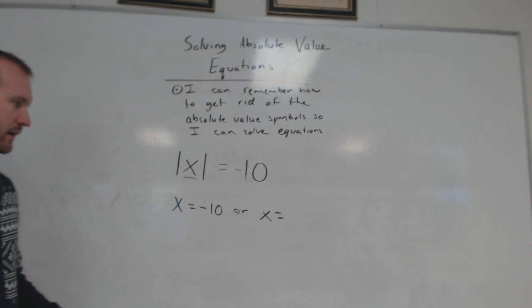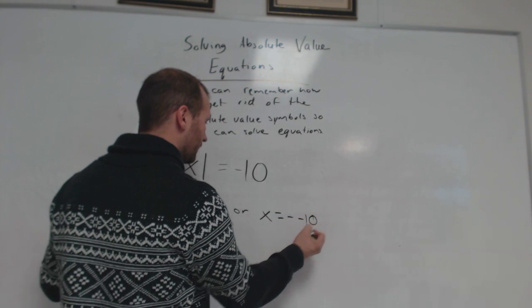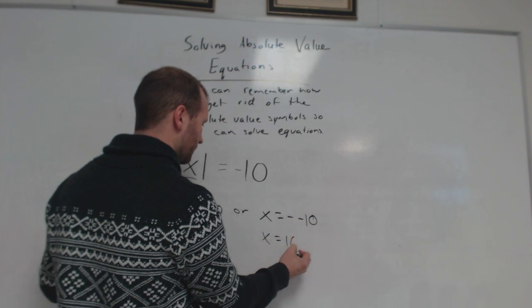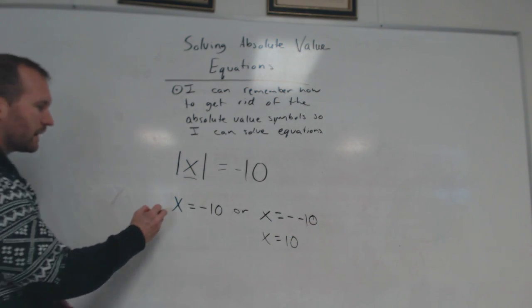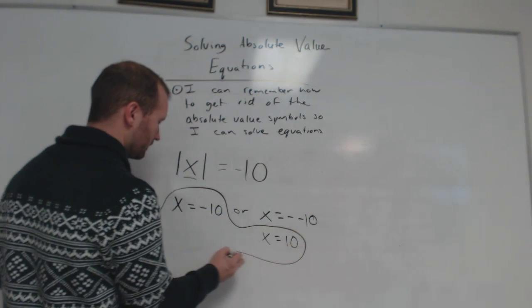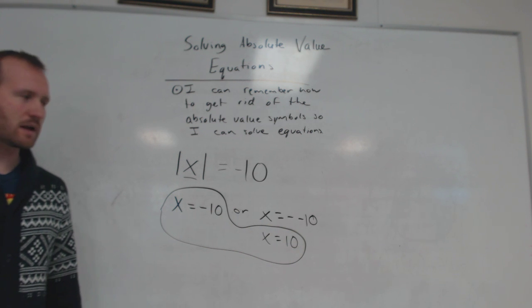What is negative 10? Negative 10, that's just positive 10. So x is negative 10 or x is 10? Oh. Wait, I thought I said that this was not going to work.